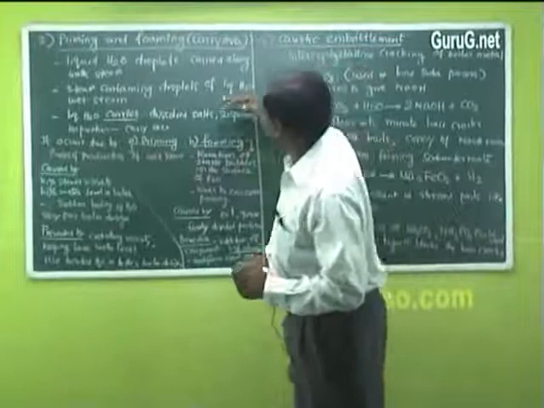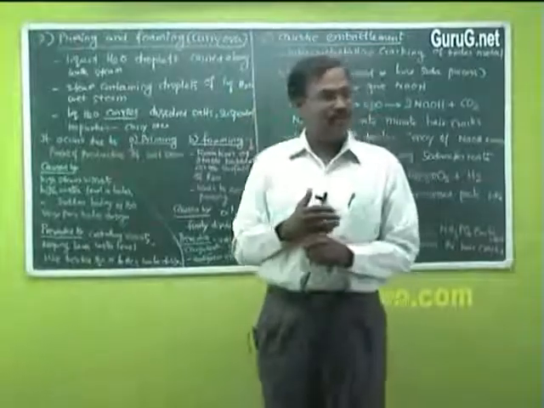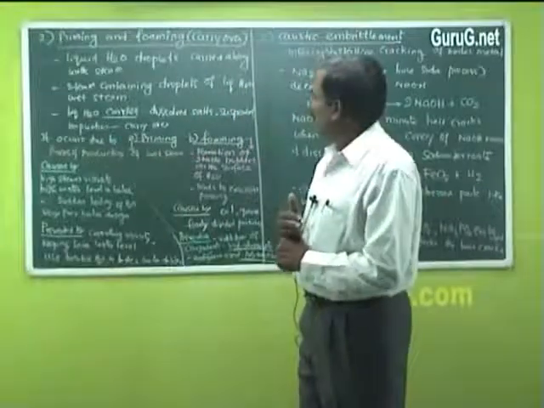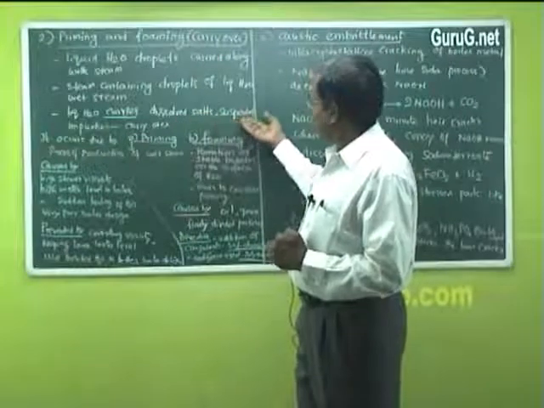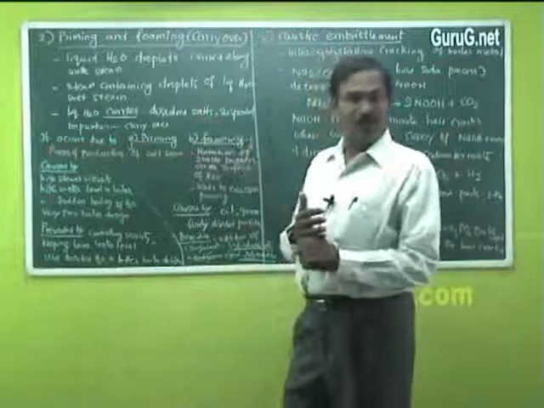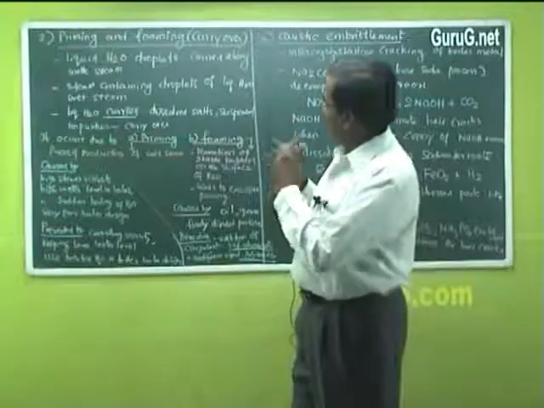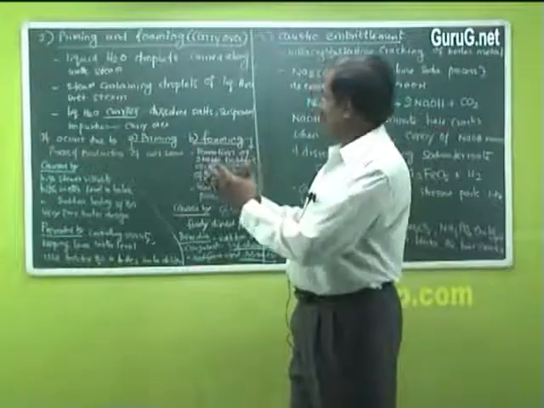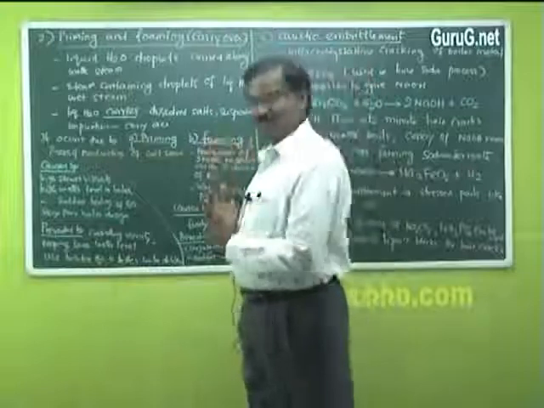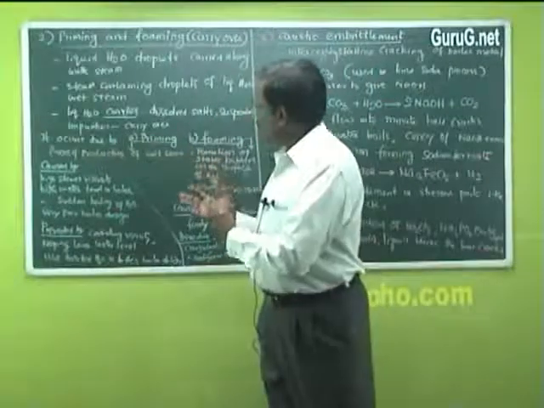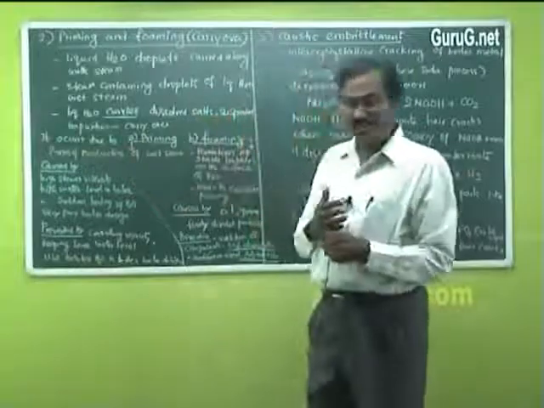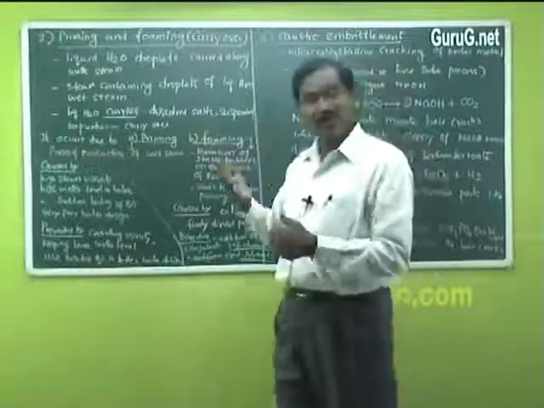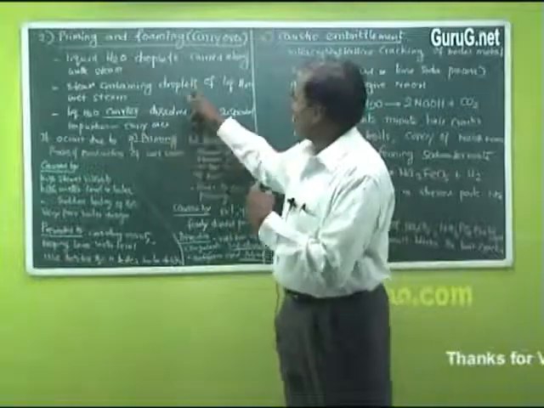But since steam goes with some droplets of water, it carries some dissolved solids, suspended impurities, and so on. So that steam goes with some liquid droplets, and those droplets carry some of the dissolved salts and suspended impurities. This is called carryover.